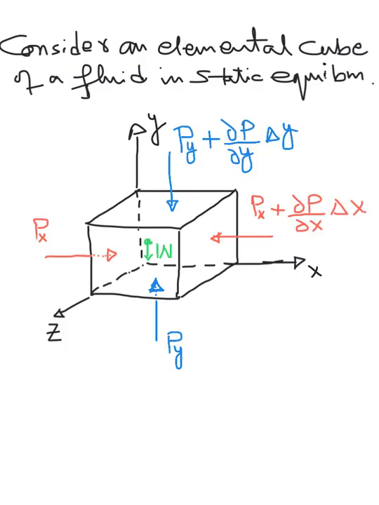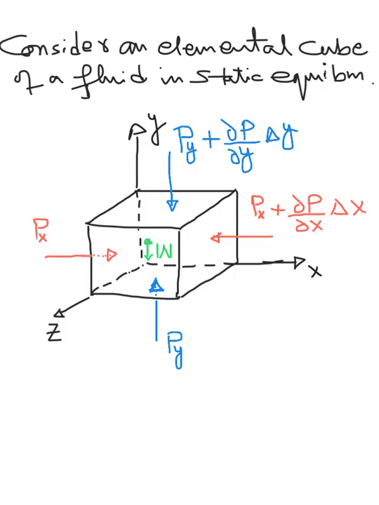Now consider this infinitesimal element of fluid, onto which you see the forces acting in the x direction: the px on the left hand side and the incremental change in px on the right hand side. Similarly, py on the bottom surface and py plus partial p over partial y times del y in the y direction.